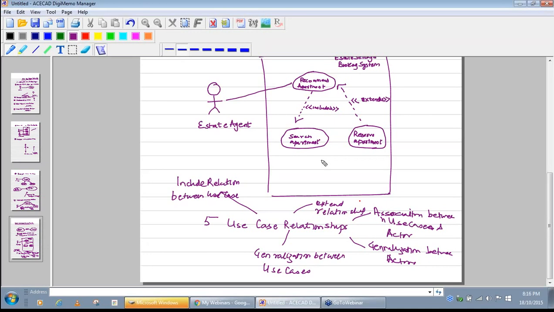So these are the 5 relationships, and let's revise the notation of these relationships very quickly.